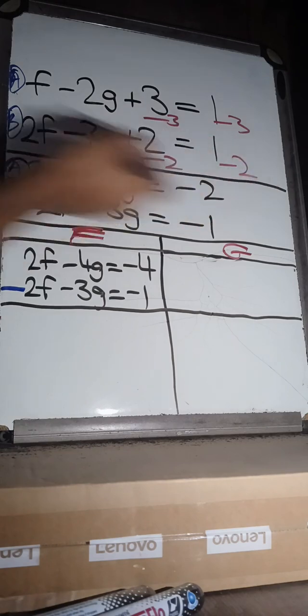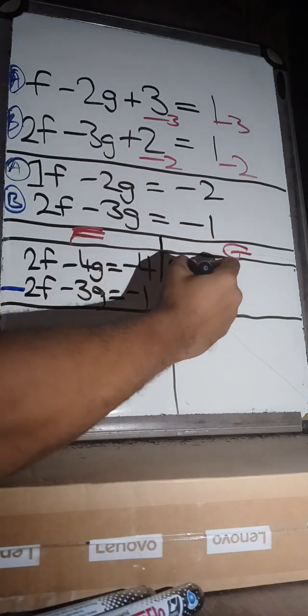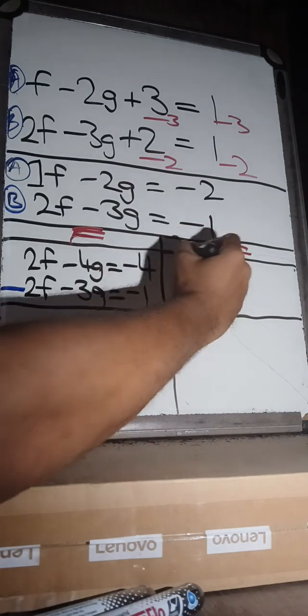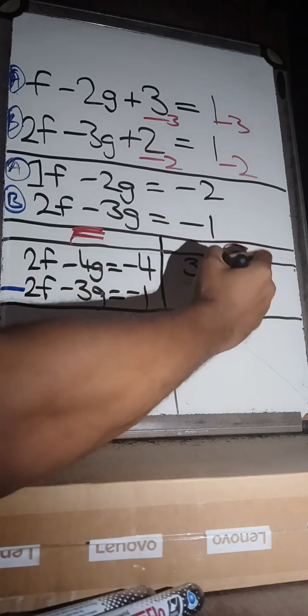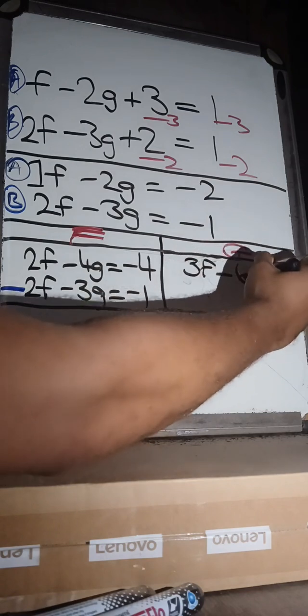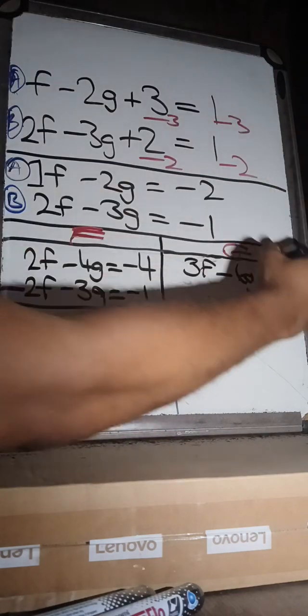Well, let's do this up here. We're multiplying everything up here by 3. So we're going to have 3f minus 6g equal minus 6.